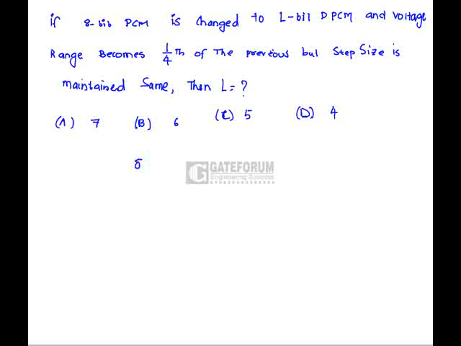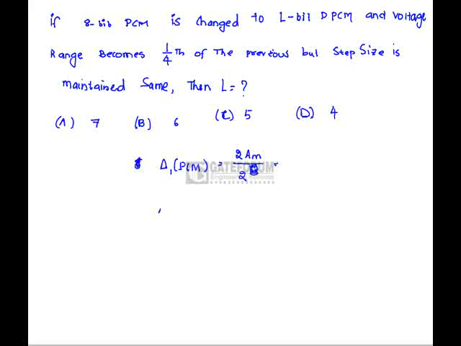Suppose step size I am indicating with delta. In PCM, delta 1 equals 2 AM, where AM is the peak value of the input signal. The range of the input signal is 2 AM divided by 2 power L, where L is 8, which is the step size in case of PCM.